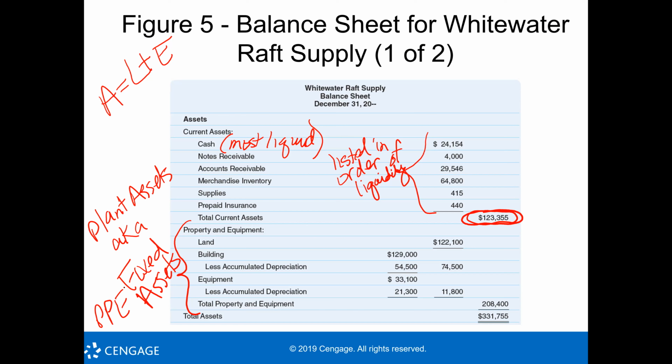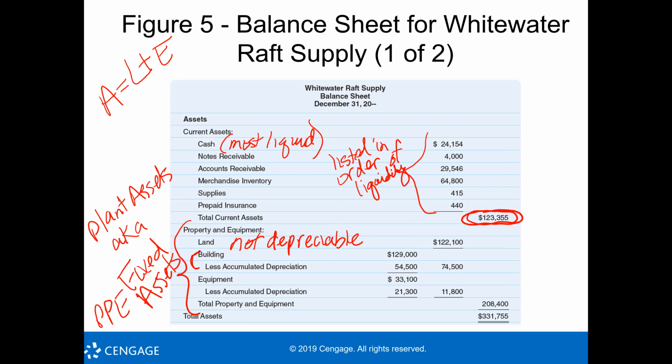And so we've got land. Land is not depreciable. So whatever we purchase the land for, that's what it'll be on our books at forever until we sell it, basically, with a couple exceptions. But land is not depreciable.